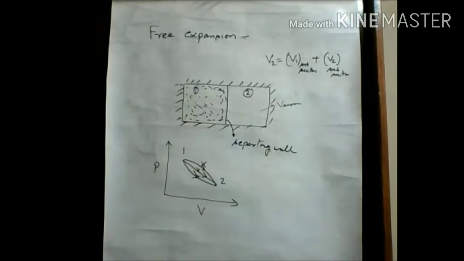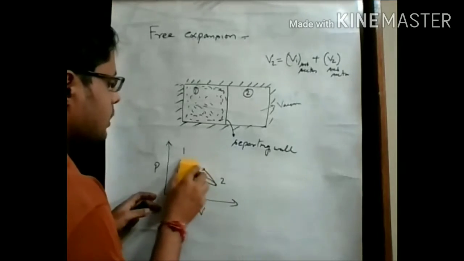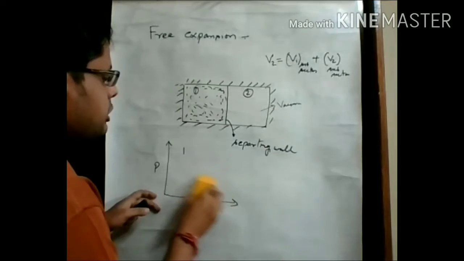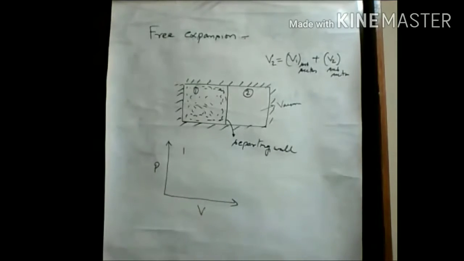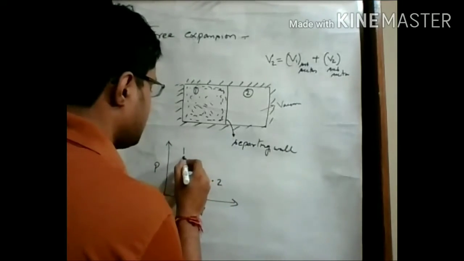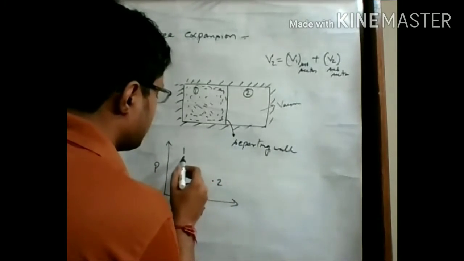So for such a system, we connect these two states, initial and final, through a dotted line like that. This is the second state and this is the first state.